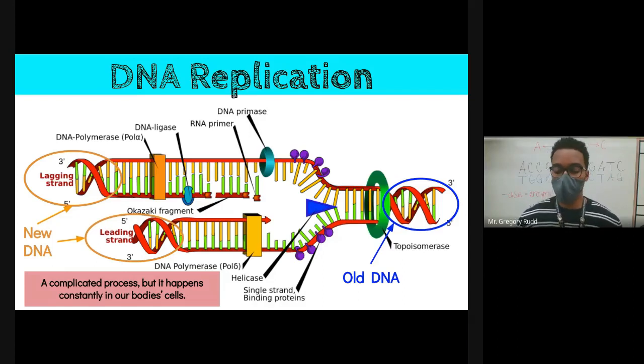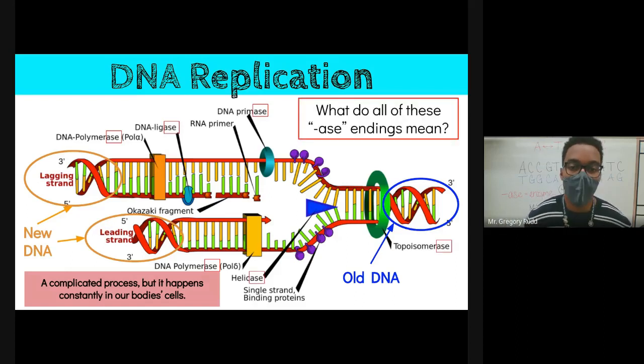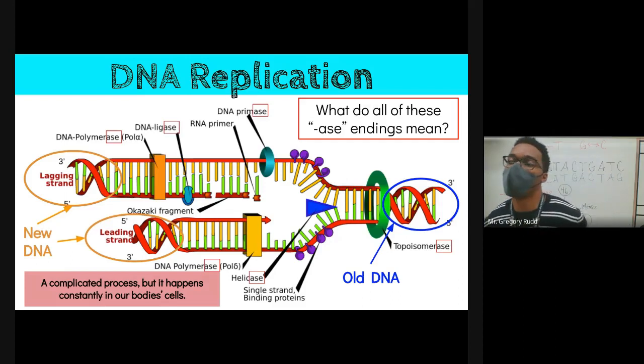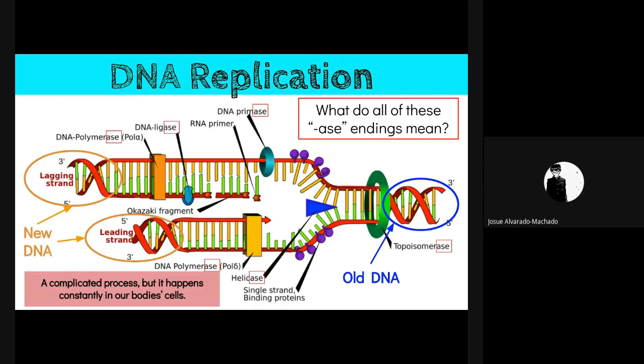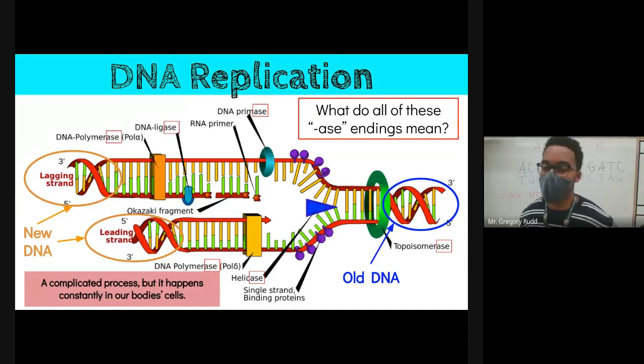The other thing I want you to notice is the number of words that end in ASE. What do all of the ASE endings mean? Does anybody remember? Enzymes, like proteins? Good, Josue, thank you. Yeah, so when we see words that end in ASE, they refer to enzymes.